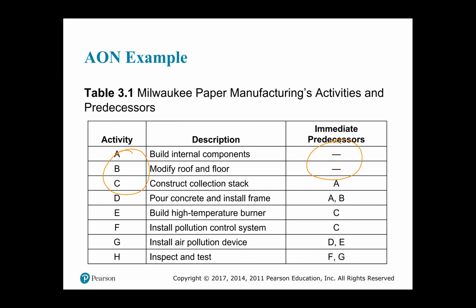So that's only for activities A and B, right? Let me emphasize that. When you look across the immediate predecessor column, you see a dash. It means that those activities must come out of the start node at the beginning of the network, right?